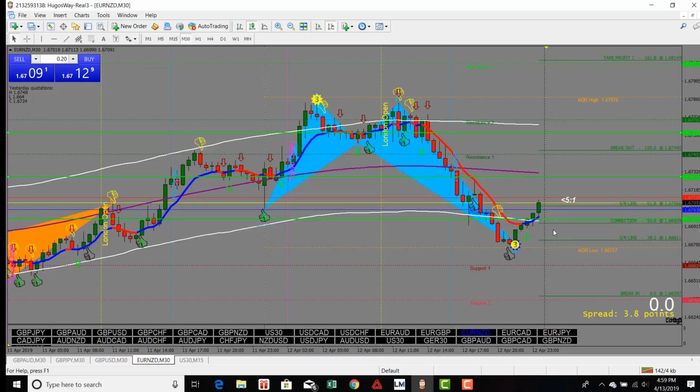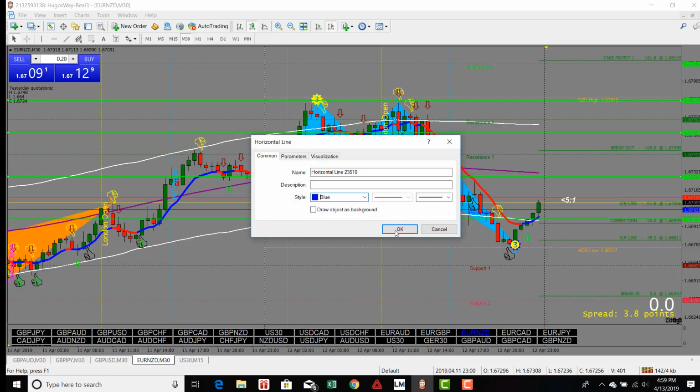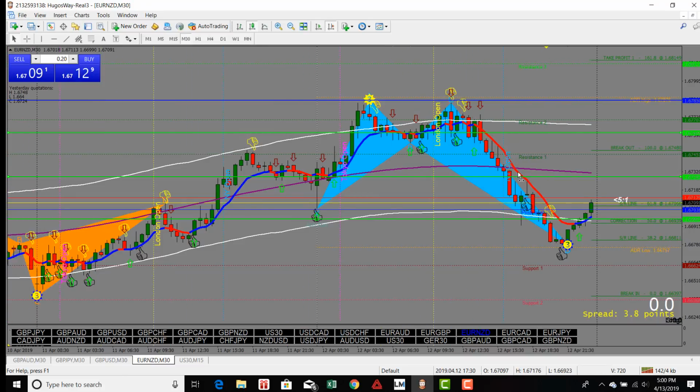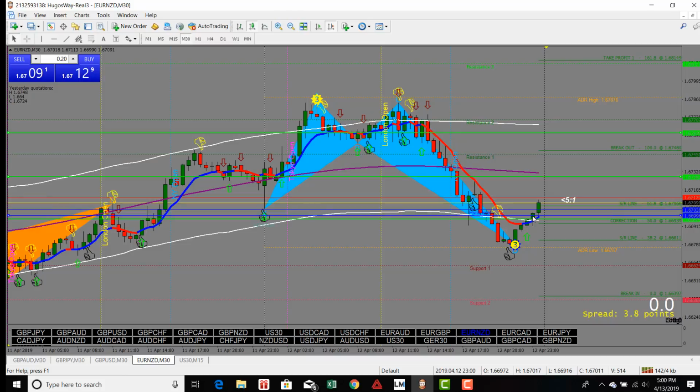Now, if you are taking 2 positions, so let me put the second position. I'm going to change the color here real quick. Make it blue. All right, so here's my second entry, right? Second entry, boom.